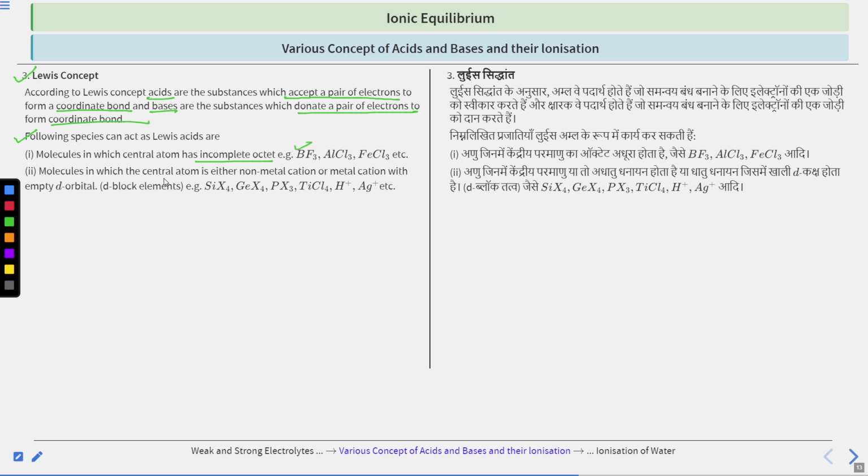Second, molecules in which the central atom is either a non-metal, a cation, or a metal cation with empty d orbital. For example, SiX4, GeX4, PX3, TiCl4, H positive, Ag positive, etc. Right? So these also can act as Lewis acids as per the definition of acids given by the Lewis concept.